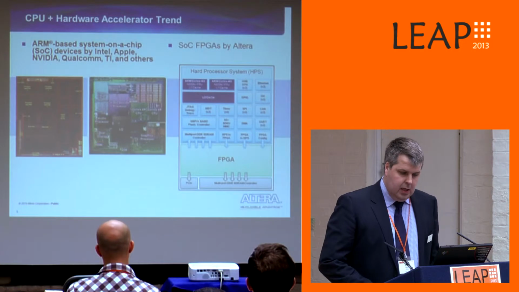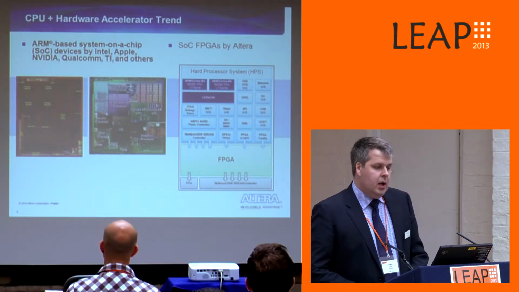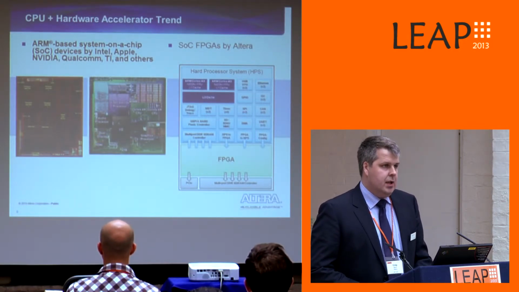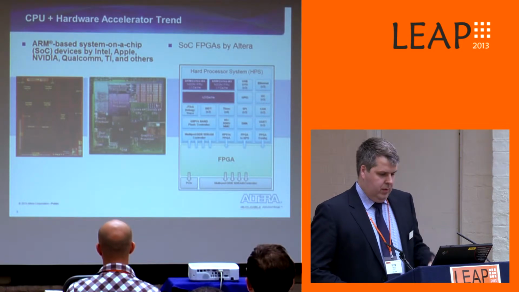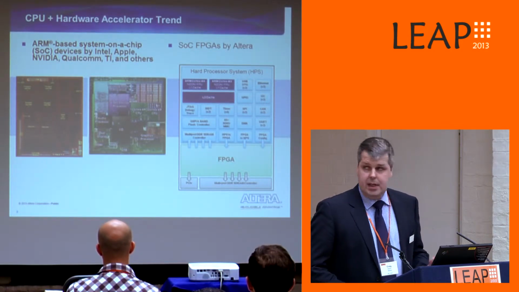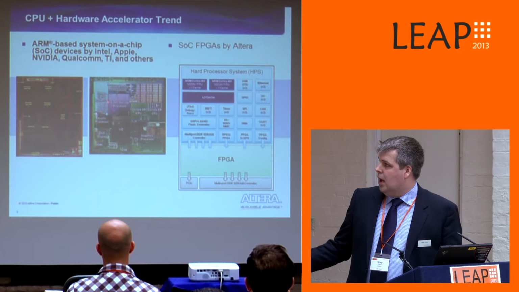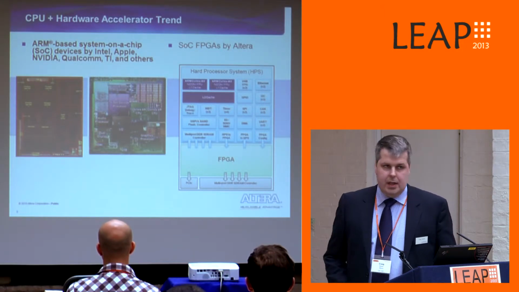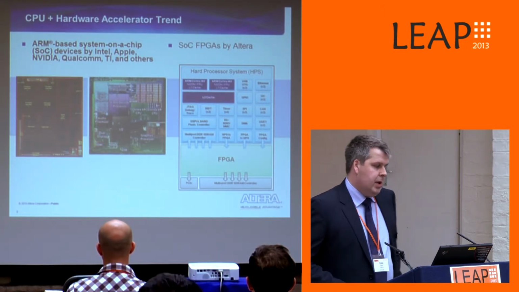If we take that trend on and look at where we are with SoC solutions, we've already heard this morning about various different SoC solutions where you've got multiple ARM processor cores in there. We are doing that now with FPGAs.